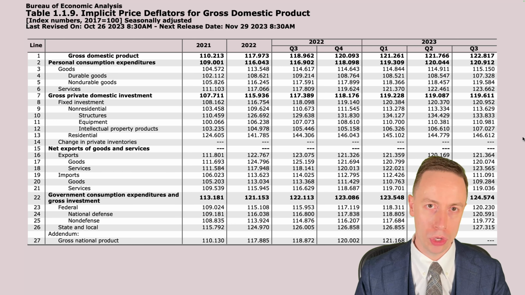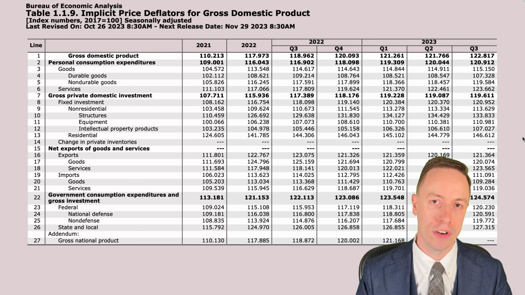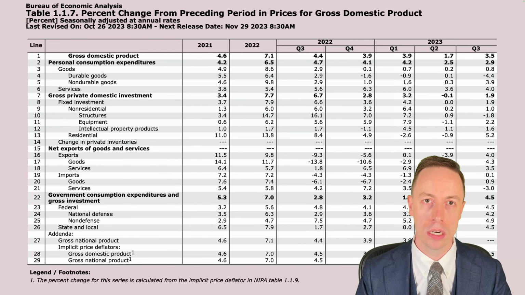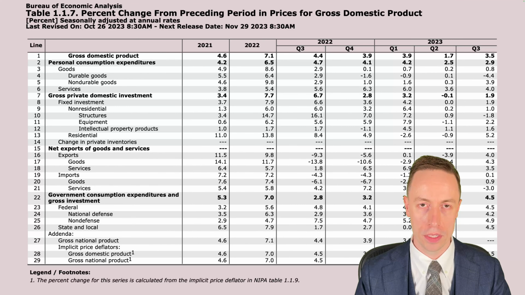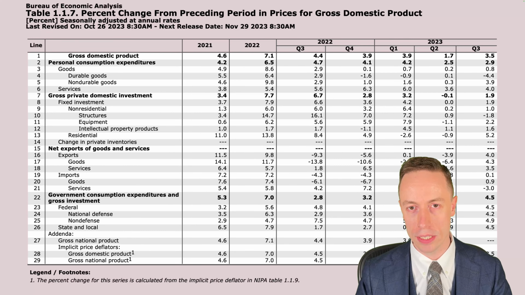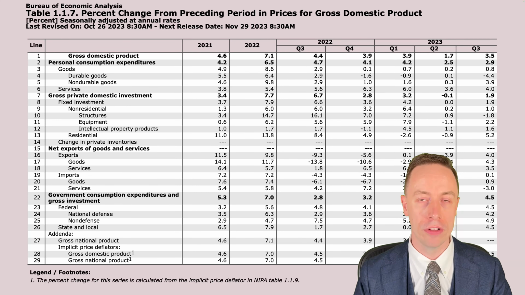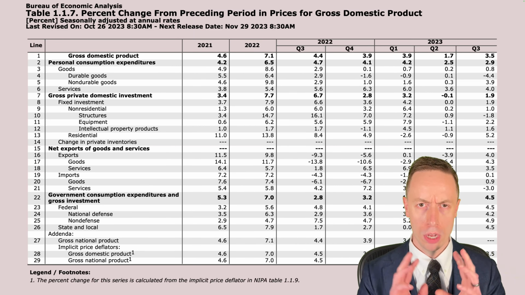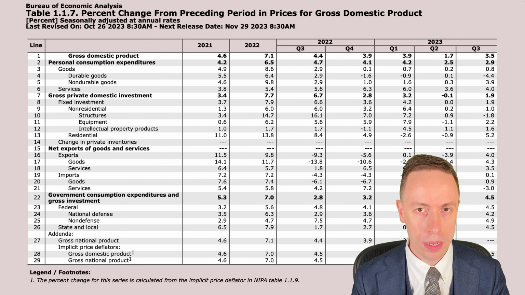Let me show you what such an inflation measure looks like in another table, 1.1.7. So this increase, 7.1%, this is what we would refer to as a rate of inflation. Now, small disclaimer here.